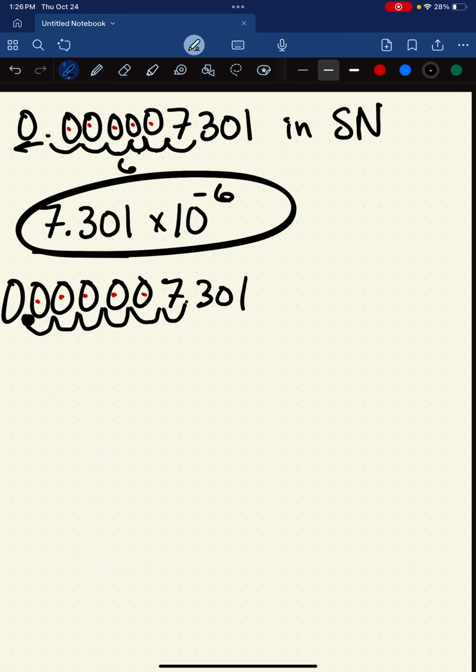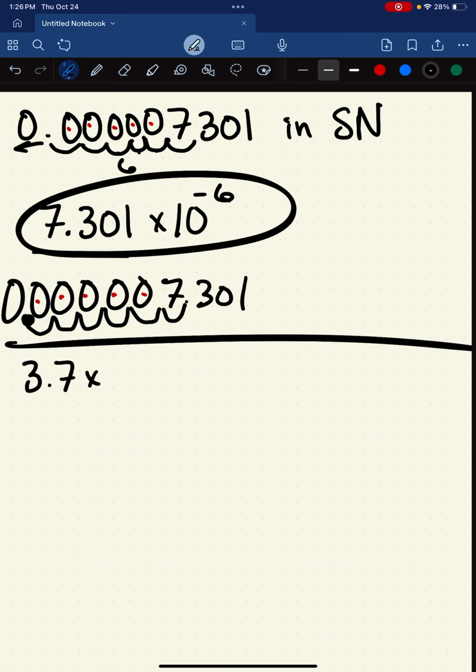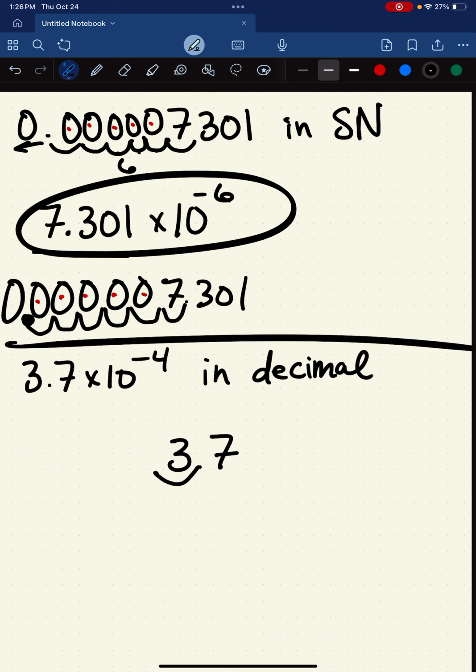Okay, let's do 3.7 times 10 to the negative 4 in decimal. Well, 3.7. This is times 10 to the negative 4, times 10 to the negative 3, negative 2, negative 1, 0.